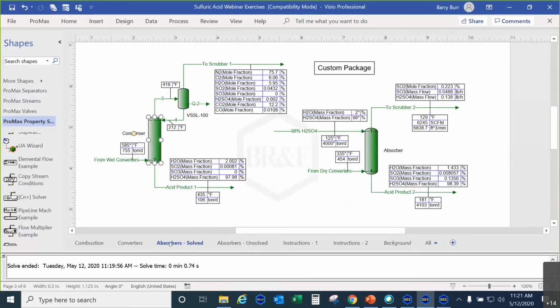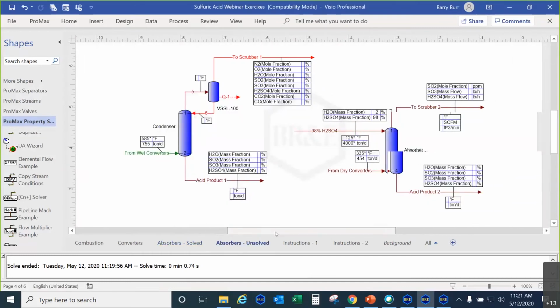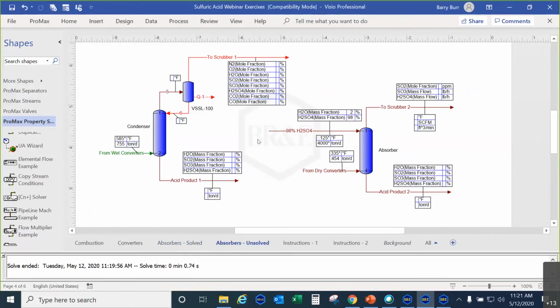Because it's taking up a little bit more space, it'll be hard to put the solved case and the unsolved on the same flow sheet. So here we have the solved case on one flow sheet, and I've got an unsolved case that's pre-built. The structure is built, but the environment is not selected.